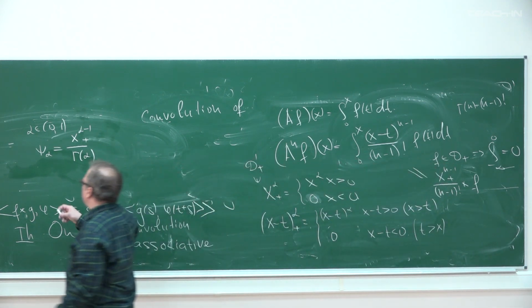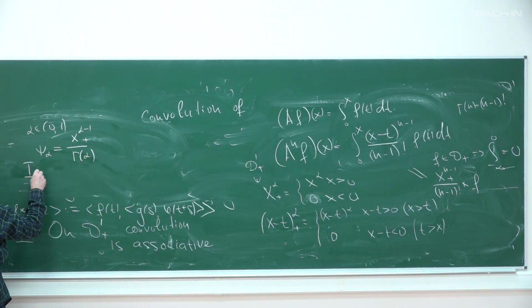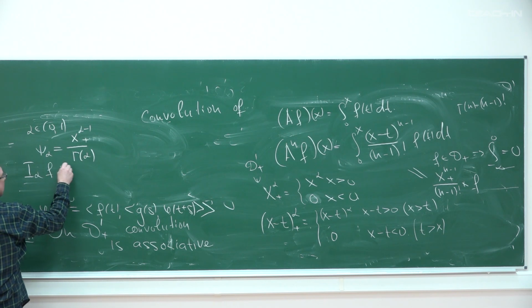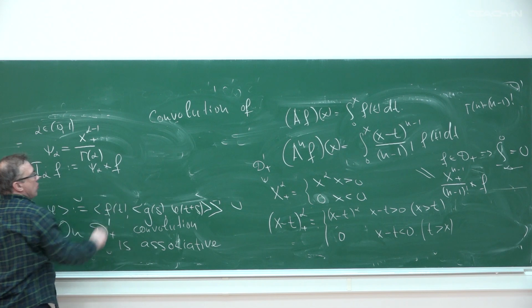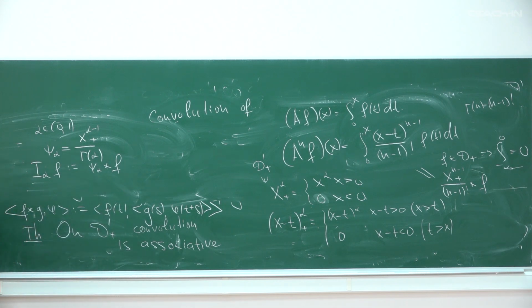And then you can define the integration of order alpha on f. It is the convolution of this function with f. So if alpha is positive, it is the primitive of fractional order. If alpha is negative, we define it as the derivative of fractional order.